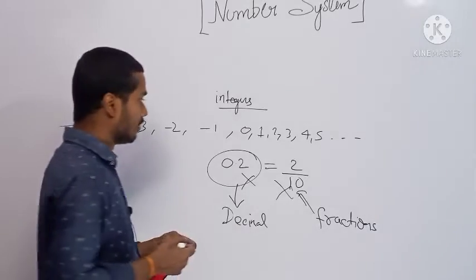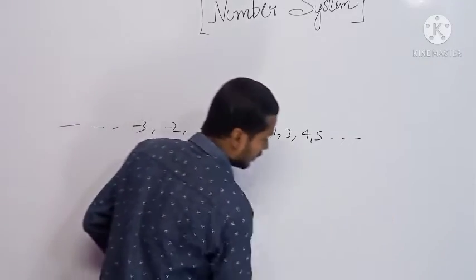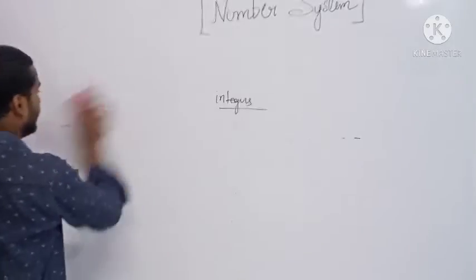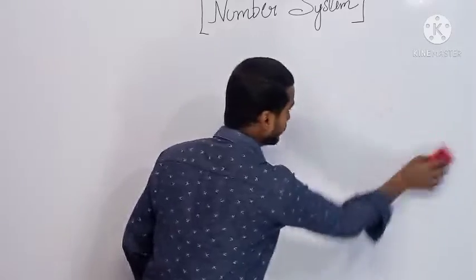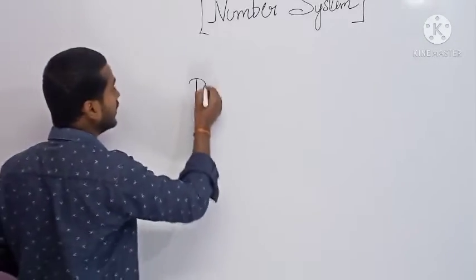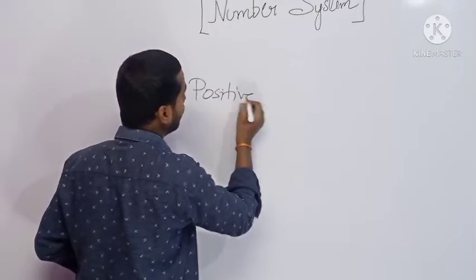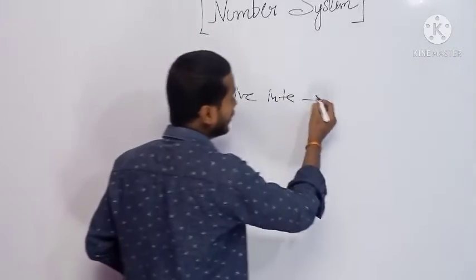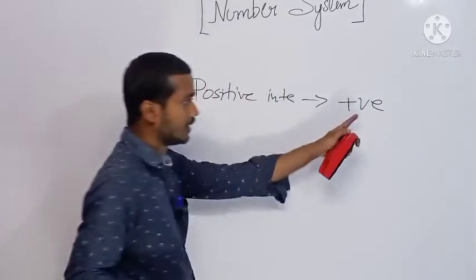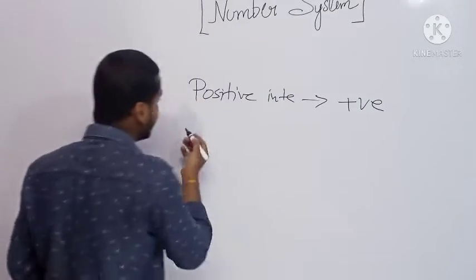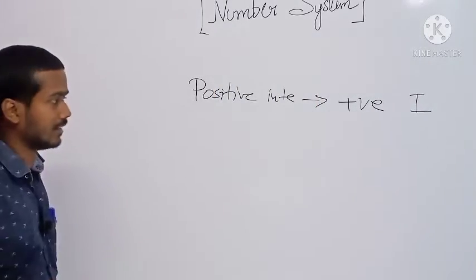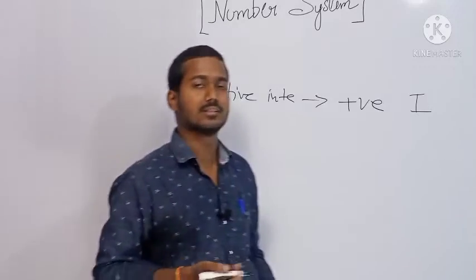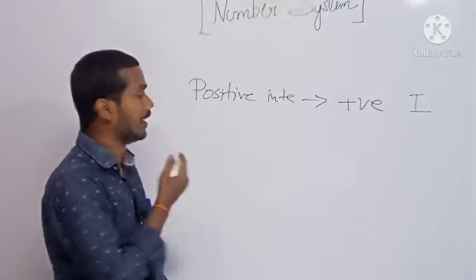Okay, further moving on, we will talk about a variety of integers, like positive integers. We can assign them like this: positive integers. Integers can be represented as I, the capital I. Capital I is the symbol used to represent integers.